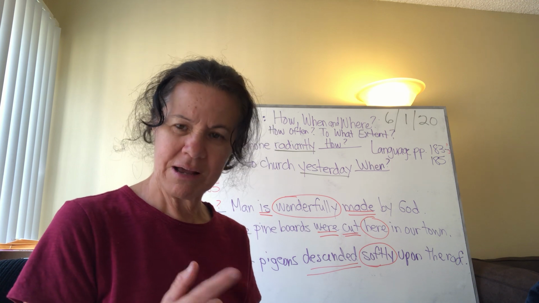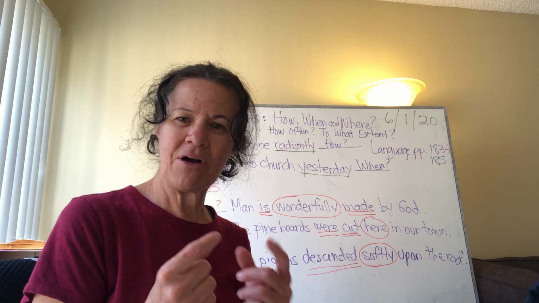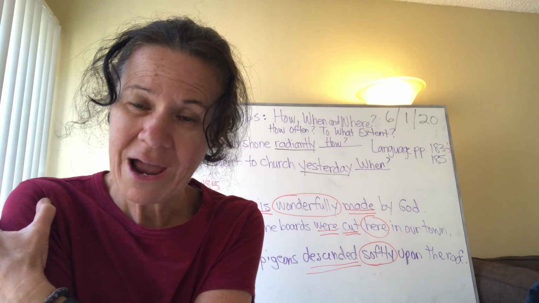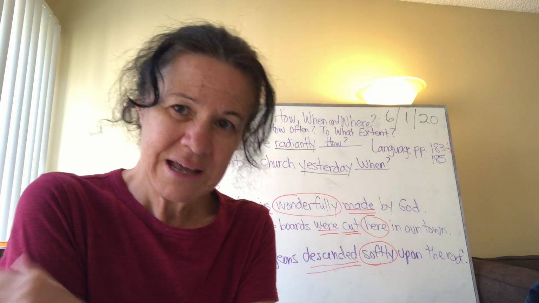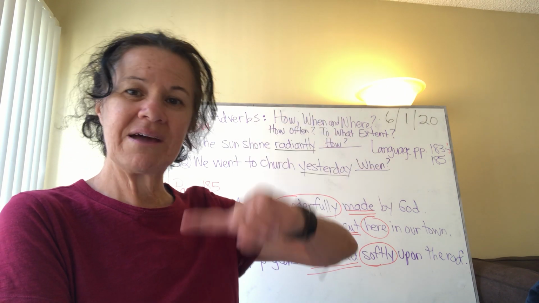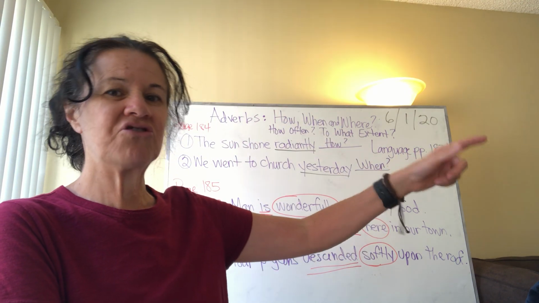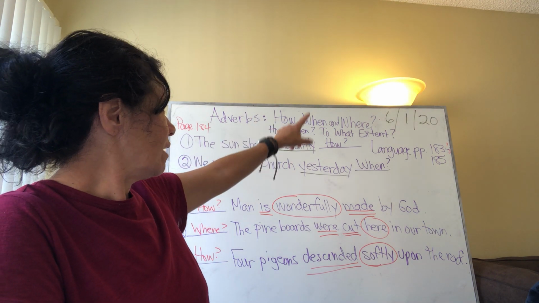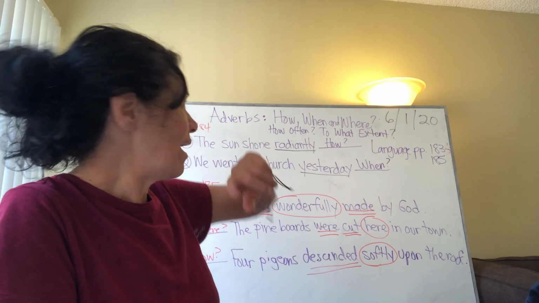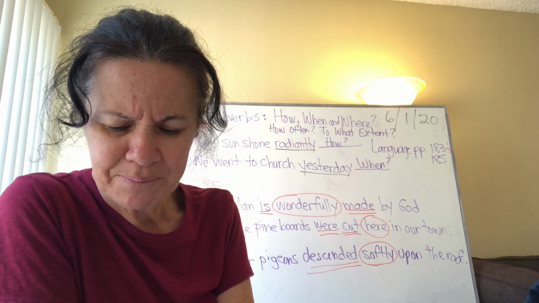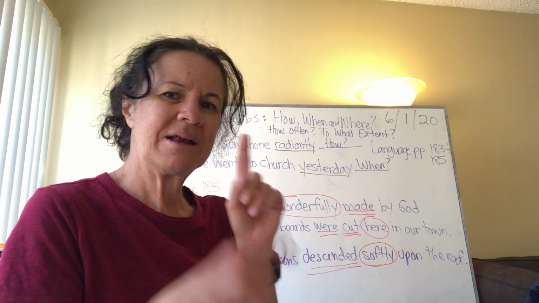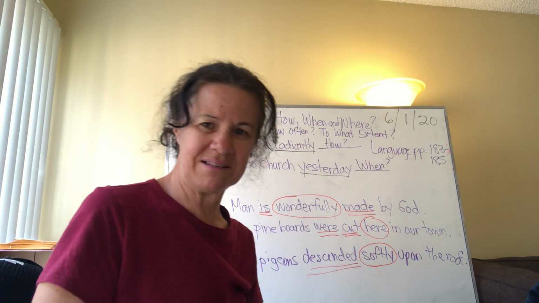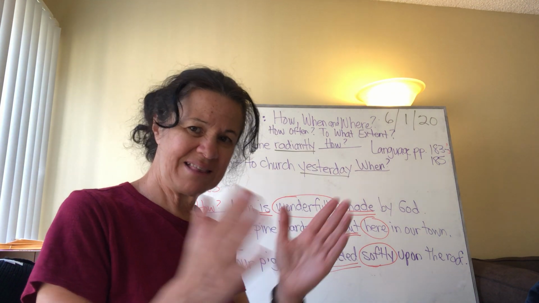Just getting our feelers into adverbs and what adverbs are. Again, in conclusion, they describe the verbs, answer the questions, and give details. They answer the questions how often, when, where, how, and to what extent. Okay? And like I said, we cannot be real confident when is it how often and when is it to what extent. Look at how it's used in the sentence.